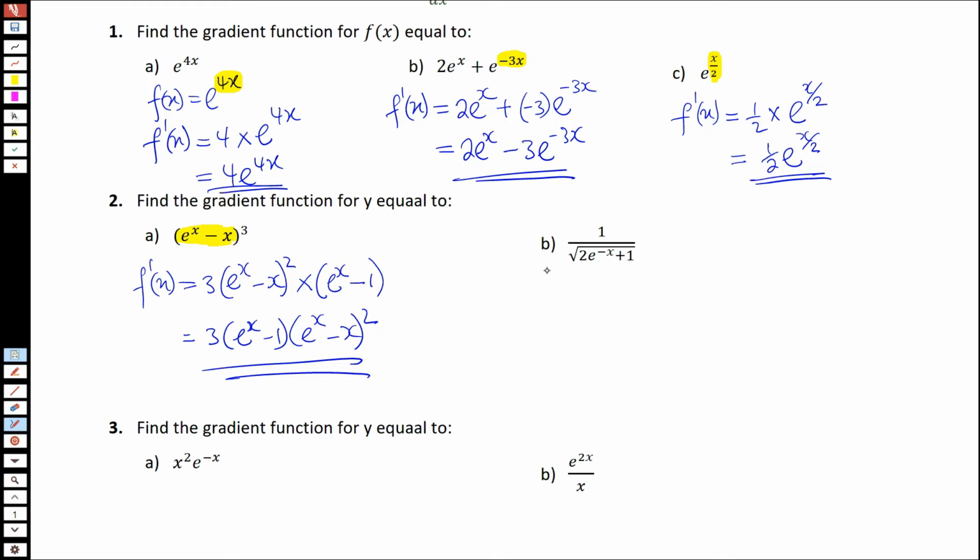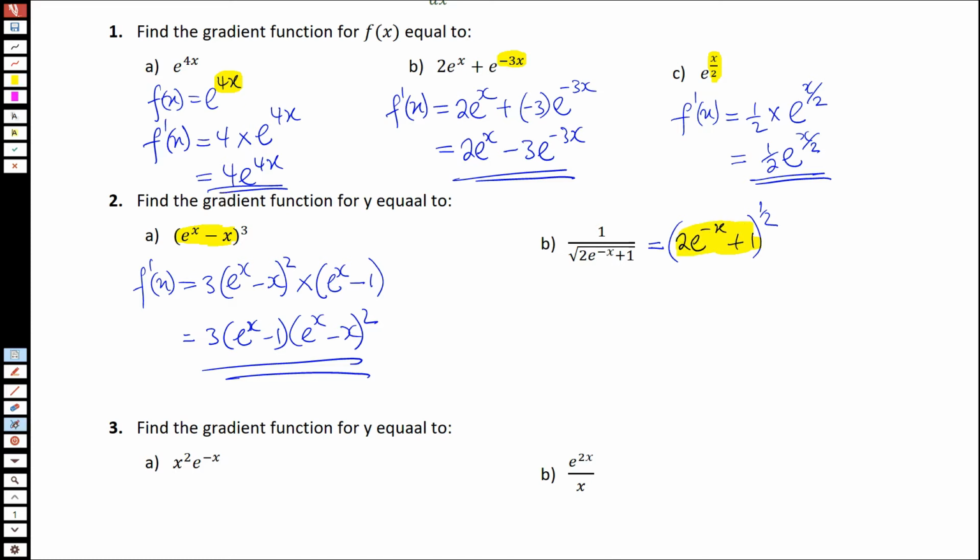All right, moving on. The next one. Now we can rewrite this expression as 2e to power negative x plus 1 to power a half. And then this is the inside part.